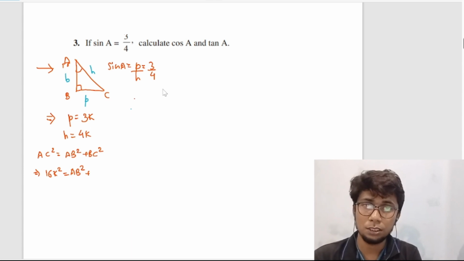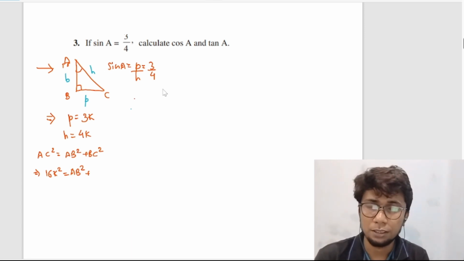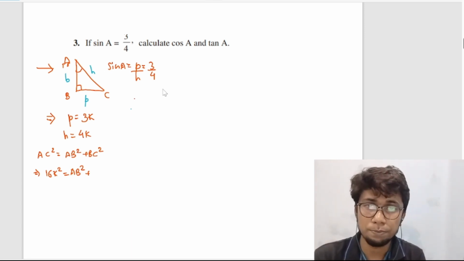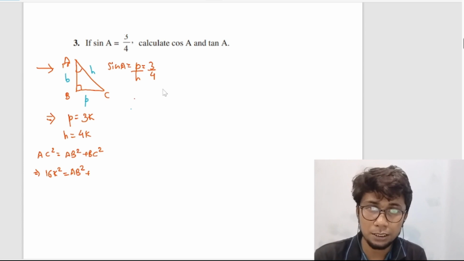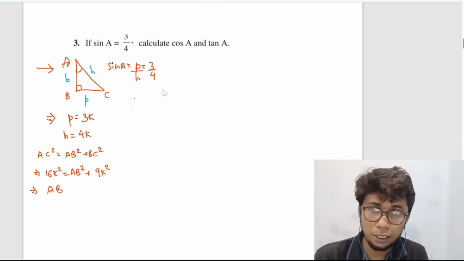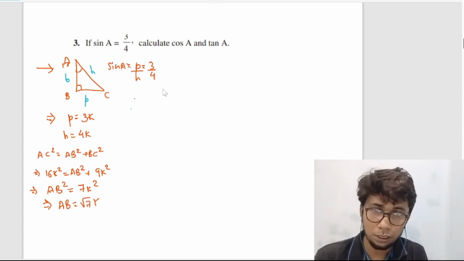All right, hypotenuse we have 4k, and we have to calculate base. AB square plus BC square. BC is what? P, that is 9k square. So what is AB square? 16k square minus 9k square, that is 7k square. So what is AB? AB is nothing but root 7k.